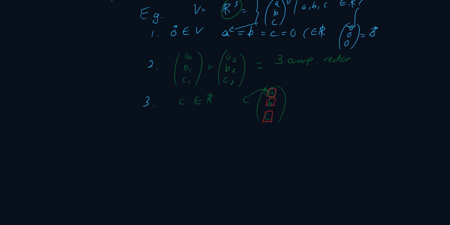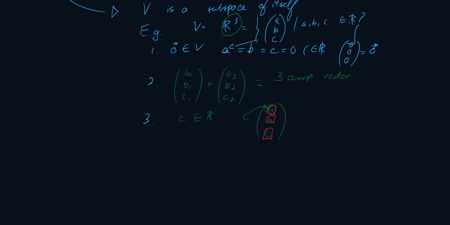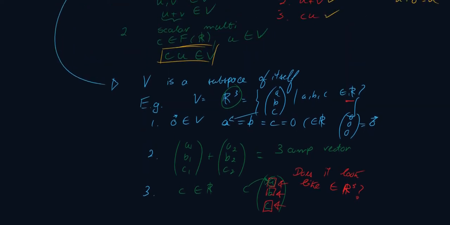The only thing we care about is, does it still look like it belongs to R3? And yes, it does, because it has 3 components, and all of them belong to R. Okay, so that's how you think about the largest possible subspace of a vector space. It's actually the vector space itself.